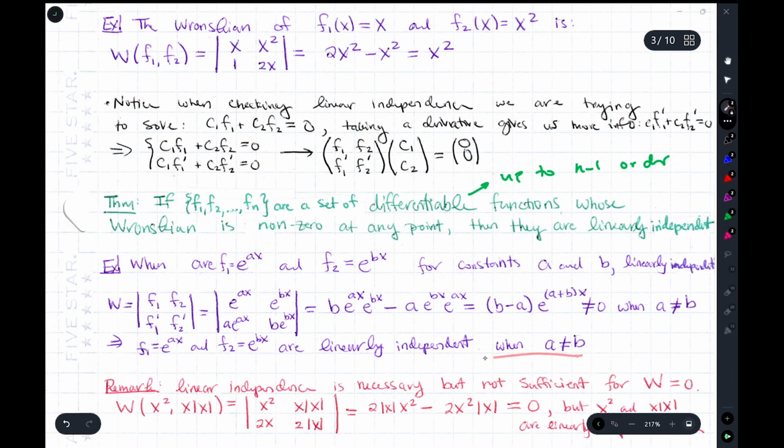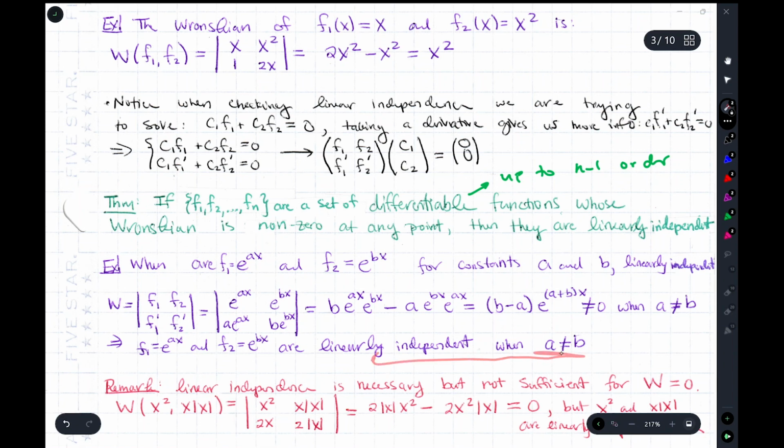We have that guarantee. Now, the only case that we're not looking at here is when A equals B. This just guarantees us when they are linearly independent, but there could be a case where they are linearly independent but the Wronskian is zero.